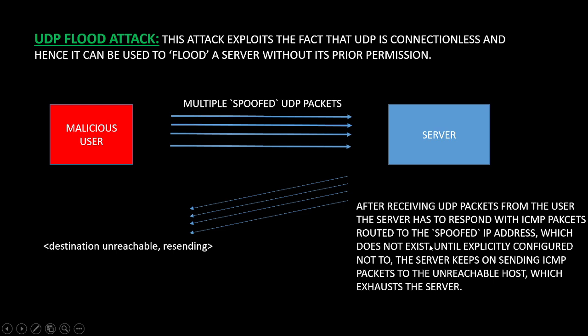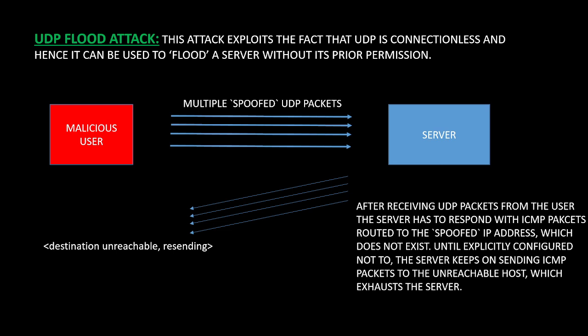If you have ever used the ping command on CMD, on Windows, when you ping a host which is unreachable, the system keeps on pinging the host until it finally receives a reply.